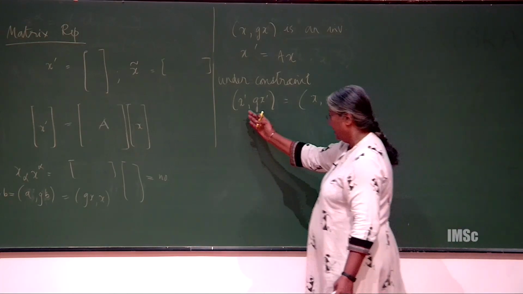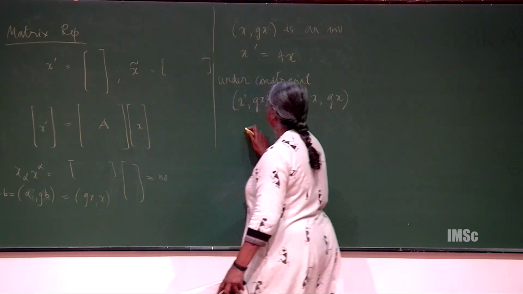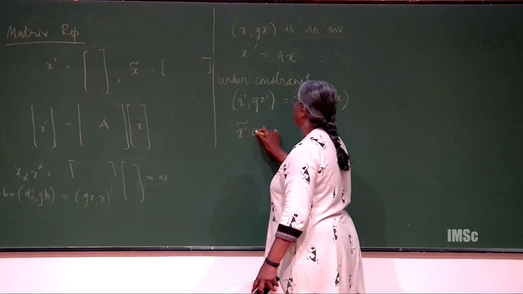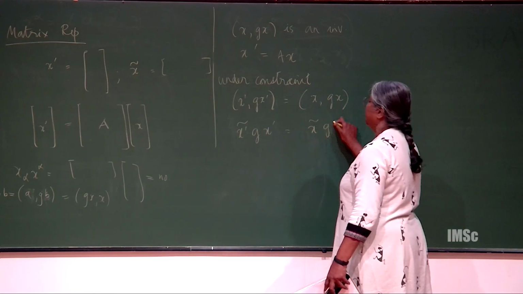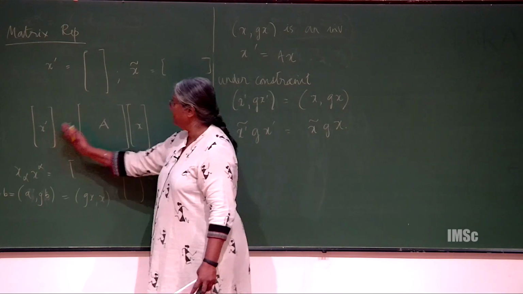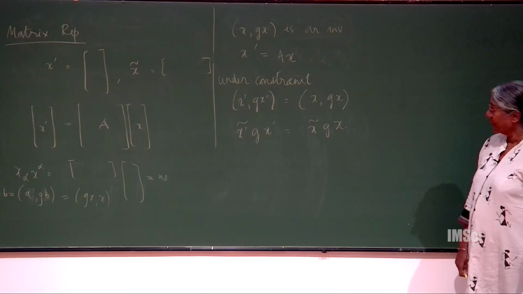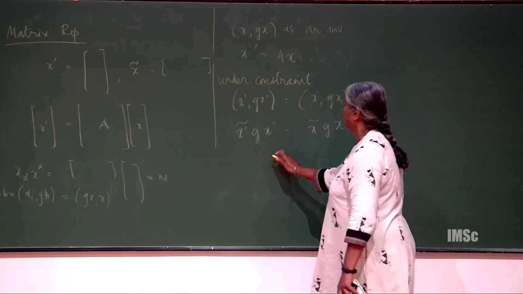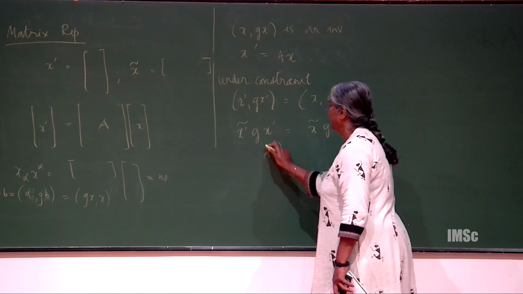So how do I multiply this? I have to convert one into a row. So I can write it as x prime transpose g x prime is equal to x transpose g x. Now x transpose is simply this row matrix, right? That's why I defined it. But what is x prime? x prime is A x, right?